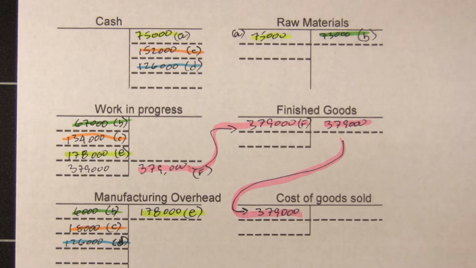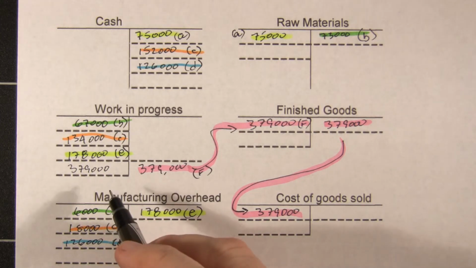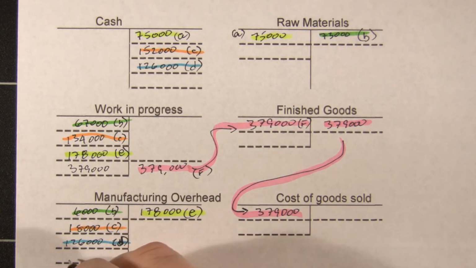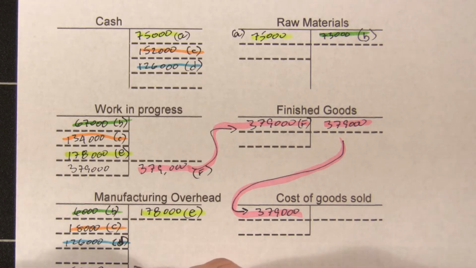What they're telling you is they're not telling you is that you have to see how much is in the overhead if we have too little or too much. Well, if we add up this side, we come up with 150,000. This side gives us 178,000.